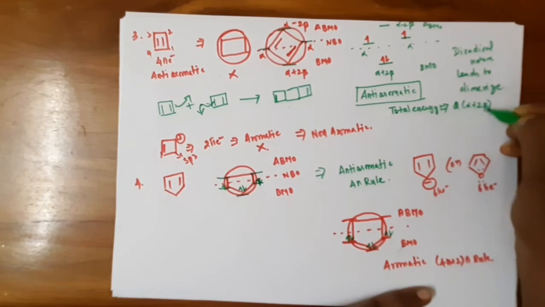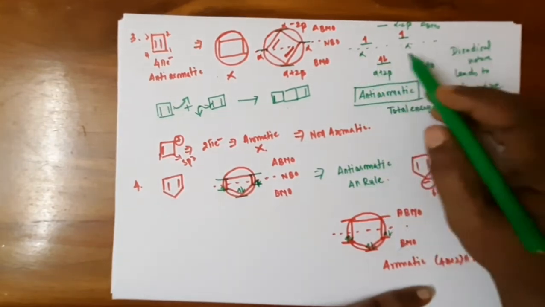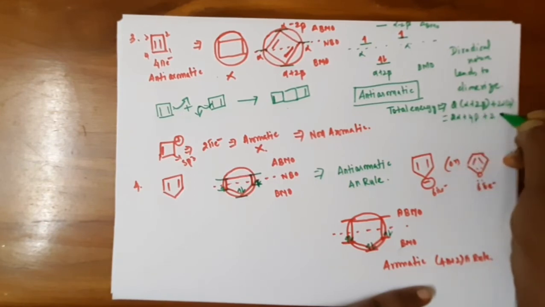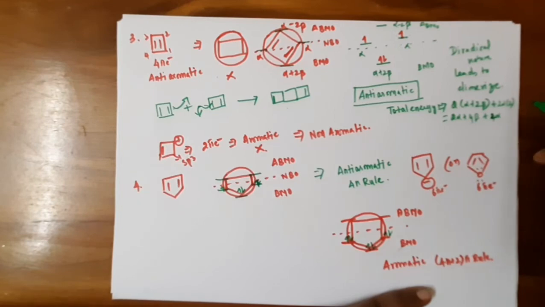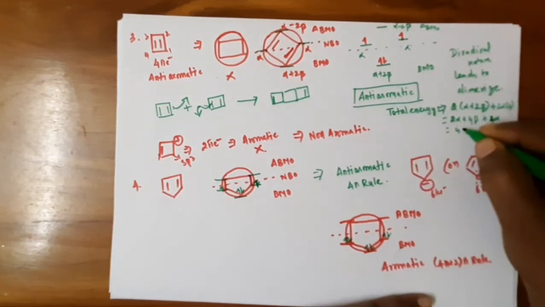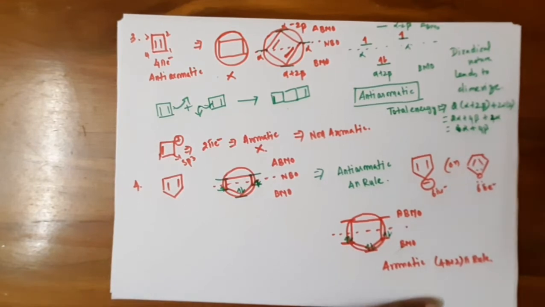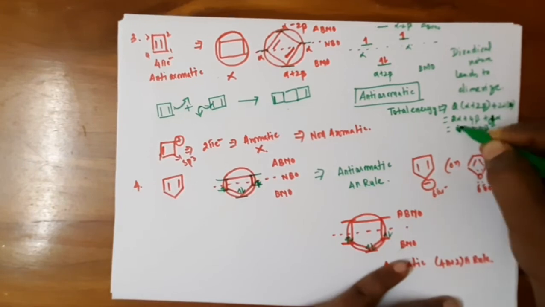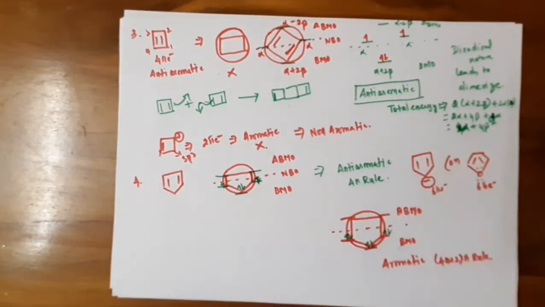So 2 alpha plus 4 beta, and the 2 degenerate levels, that is alpha, having 2 electrons, so 2 alpha. So 4 alpha plus 4 beta is the total energy of cyclobutadiene.